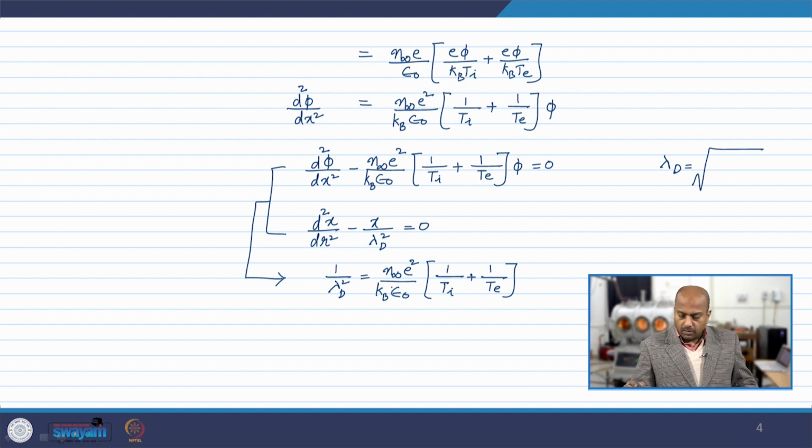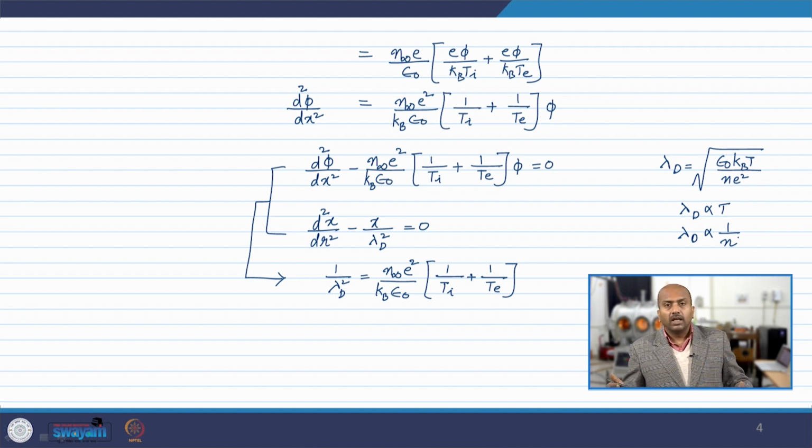Lambda d is equal to, earlier, the square root of epsilon naught kb T divided by n E square. So, in this we thought lambda d is proportional to temperature and inversely proportional to the number density, which means at larger temperatures, when you have more energy available, the electrons will move faster and they will not be able to be restricted within a small value of lambda d.